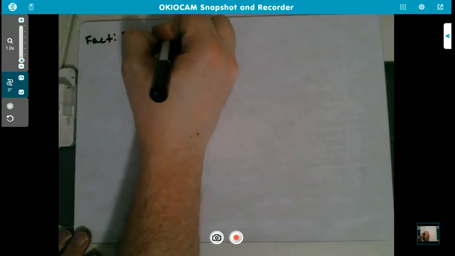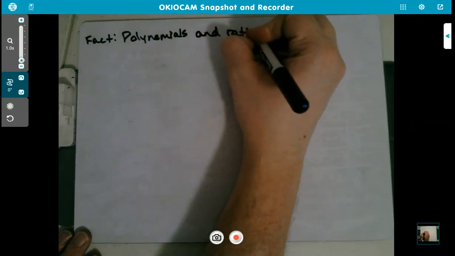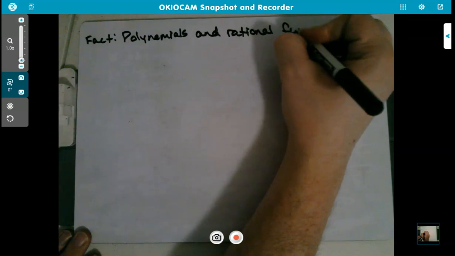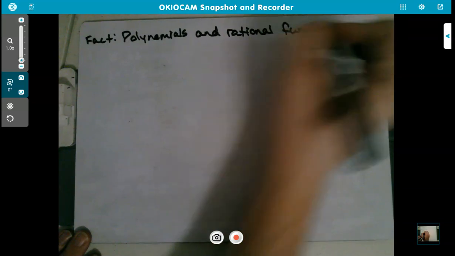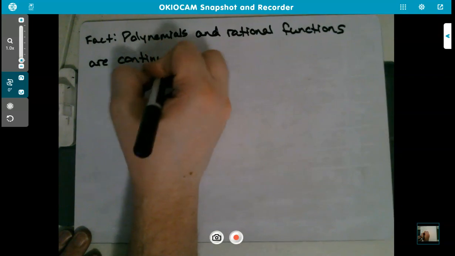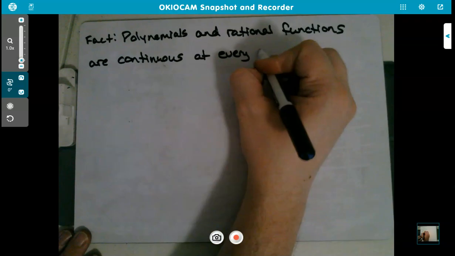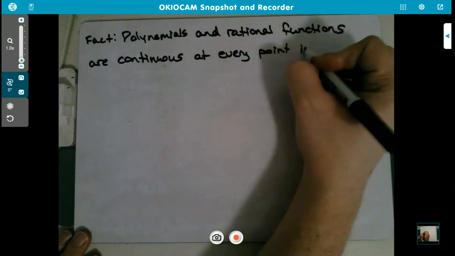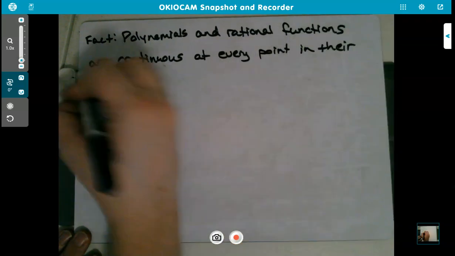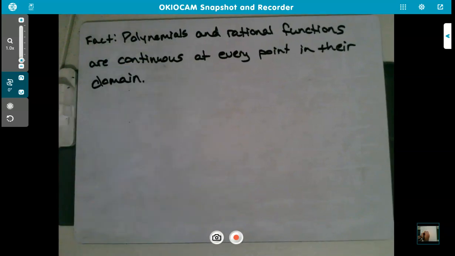Polynomials and rational functions are continuous at every point in their domain. So as long as I can plug in the value for x, then it will work out.